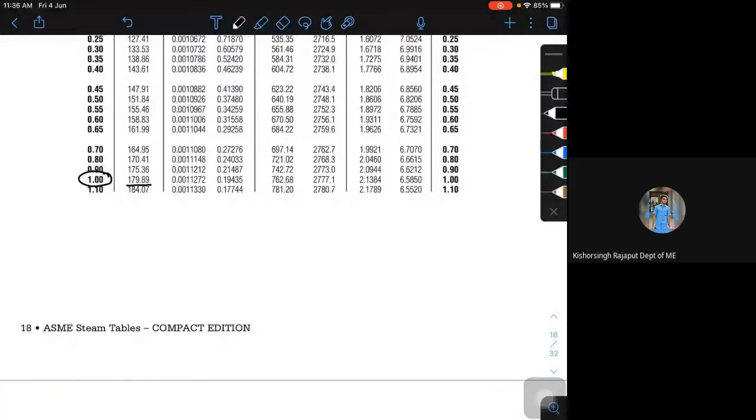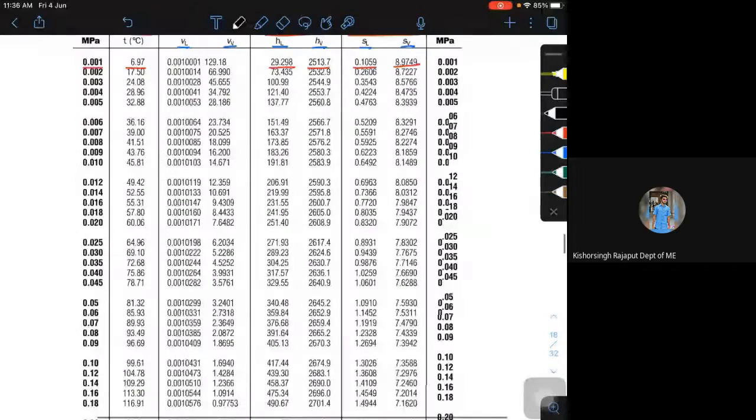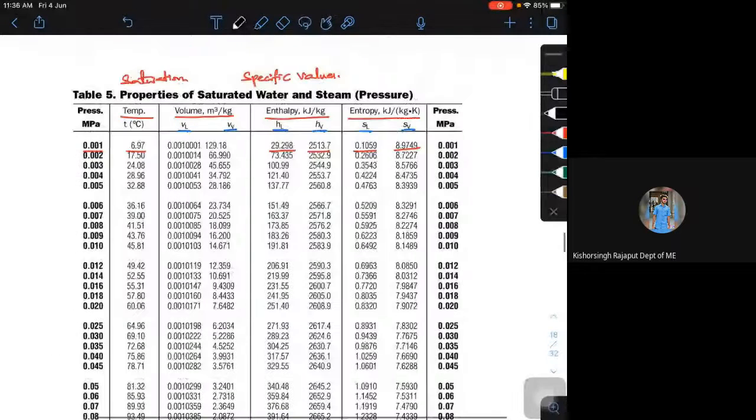The decimals vary from steam table to steam table. It is 179.89, and go to your Hg. This is your Hg. This is what you have to look at: the enthalpy of the vapor and the saturation temperature.